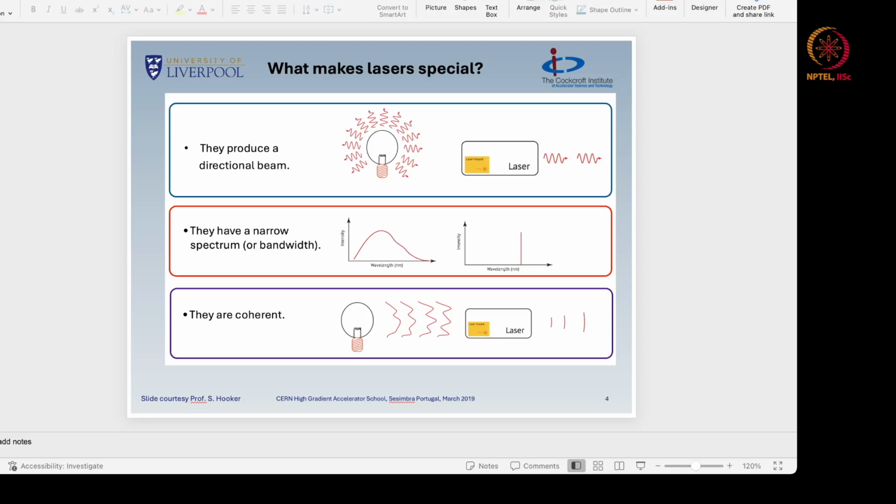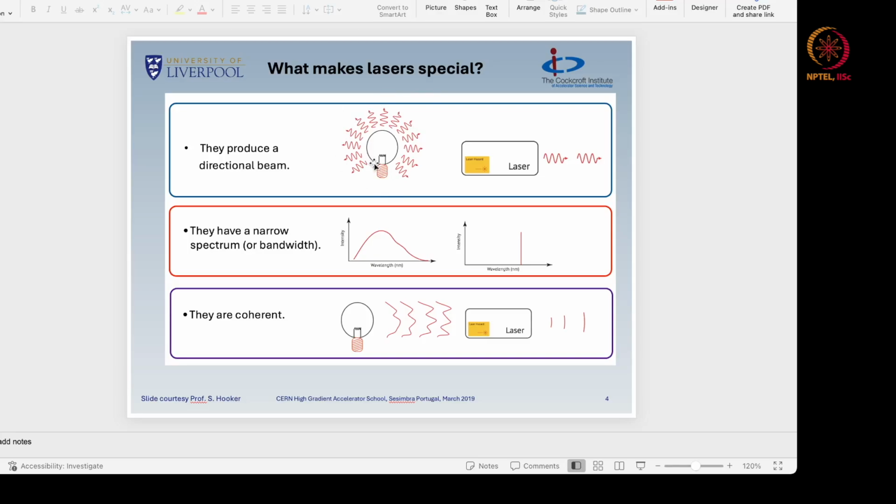So what makes the laser so special? When you have a simple light source, like an incandescent bulb, the beams come out in all possible directions. Not only that, these lights are typically very incoherent and not monochromatic.